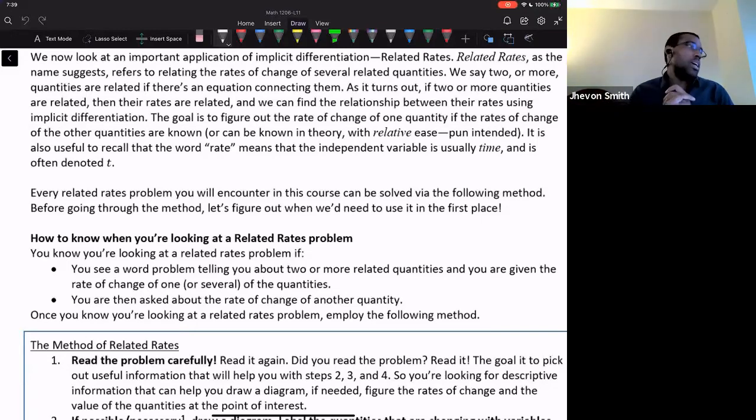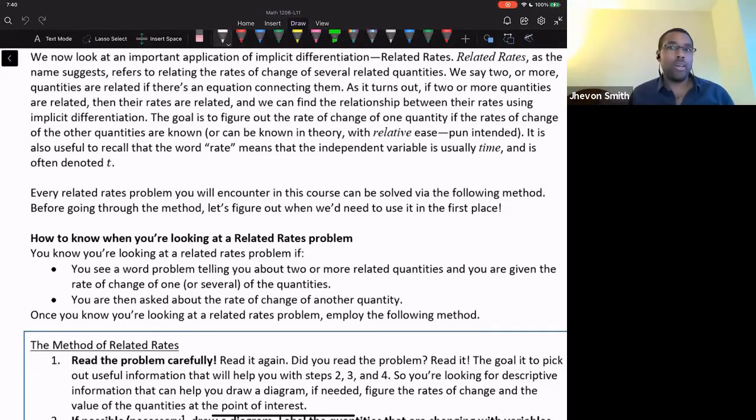So they're going to say the length and width of a rectangle, the length is increasing by this much and the width is decreasing by that much. What is the rate of change of the area at a certain point? That's how the questions are going to be phrased. They tell you about related quantities, give you the rates of change of some of them, and ask you about the rates of change of others. And so you're going to use these related rates to figure out the rate of change of the unknown quantity, the unknown rate of change that you care about.